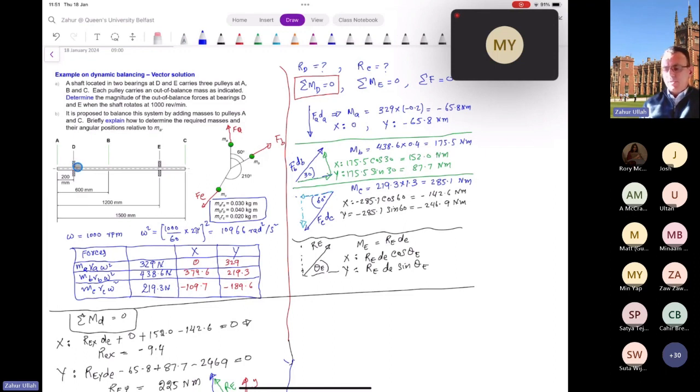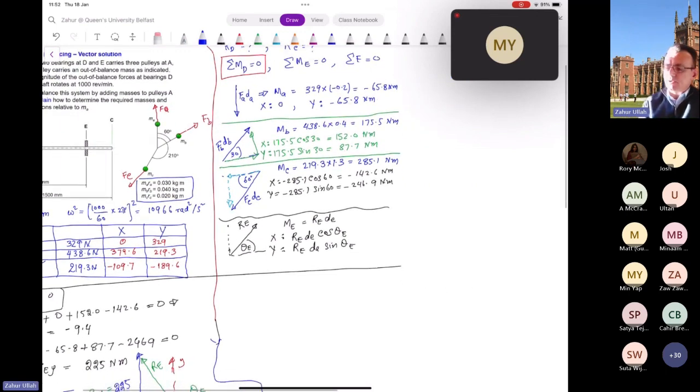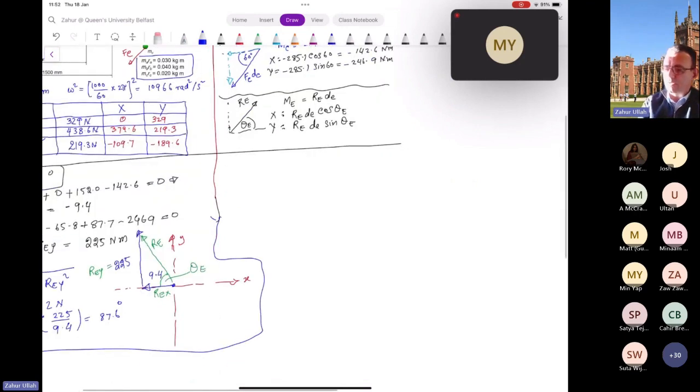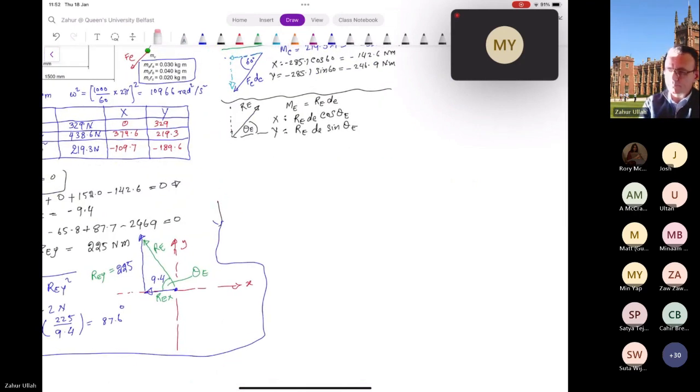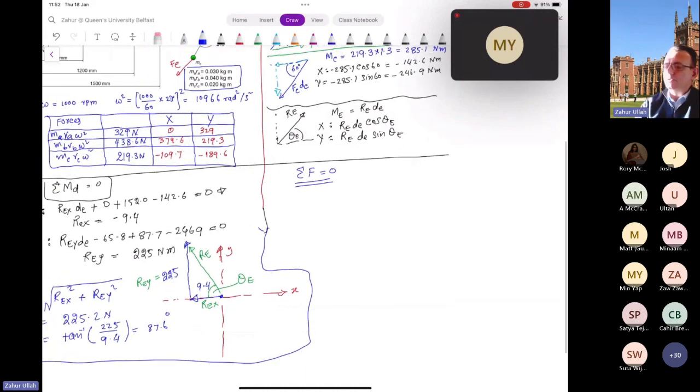So now we can even use this second case, which is summation of all the forces, which will be easier to use because it is easy to work with the forces rather than the moments. So let's in this case use this second case. Summation of all the forces is equal to 0 here.